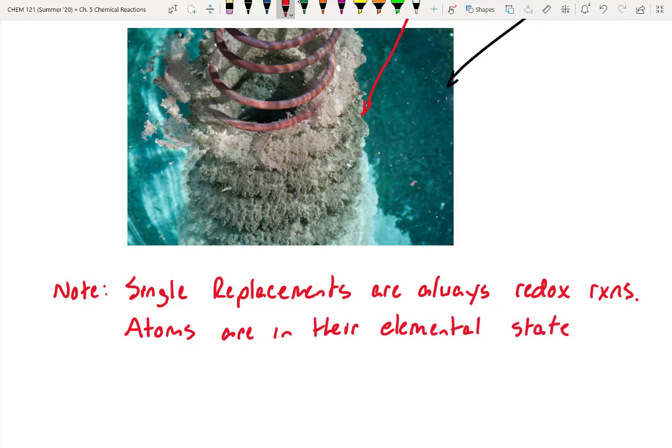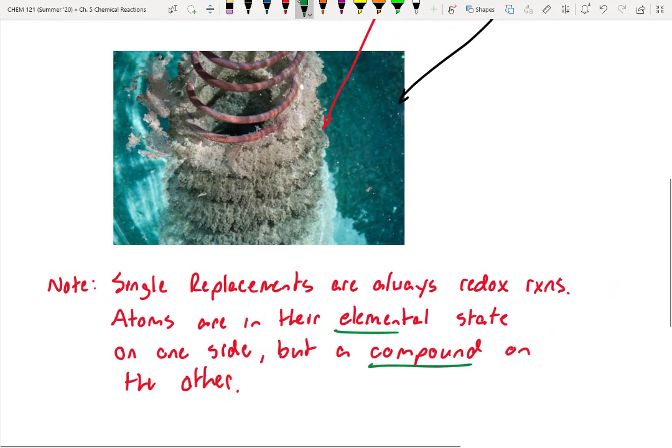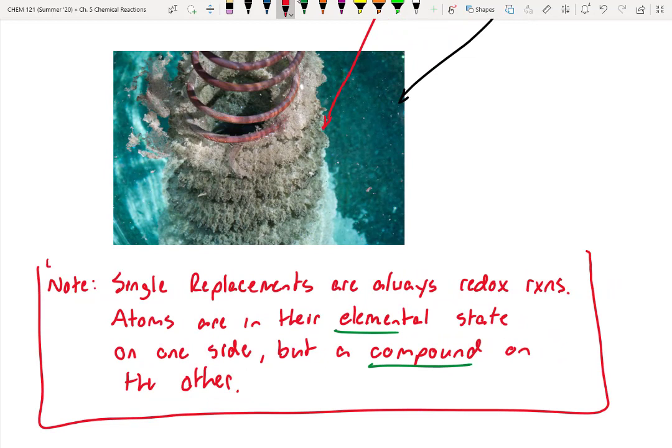For example, copper was in its elemental state on one side, but then went into a compound on the other side. That means these always have to involve a redox reaction, because an element always has an oxidation number of 0, versus when it's in a compound, it's treated as ionic. So this is a really simple tool to remember that a single replacement reaction is always a redox reaction.